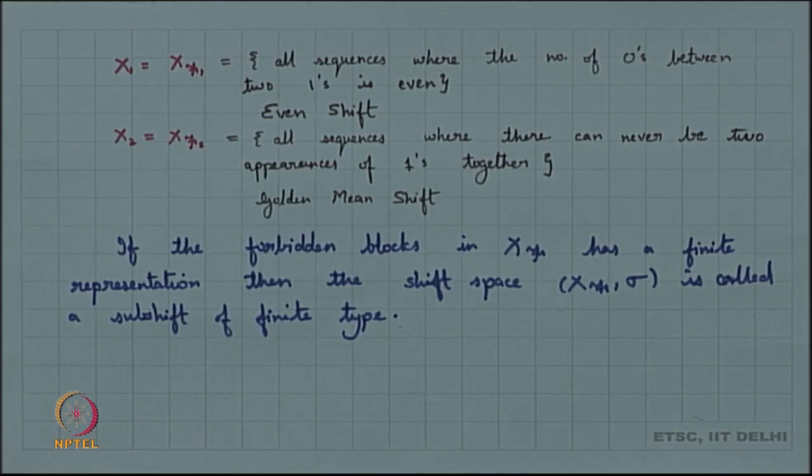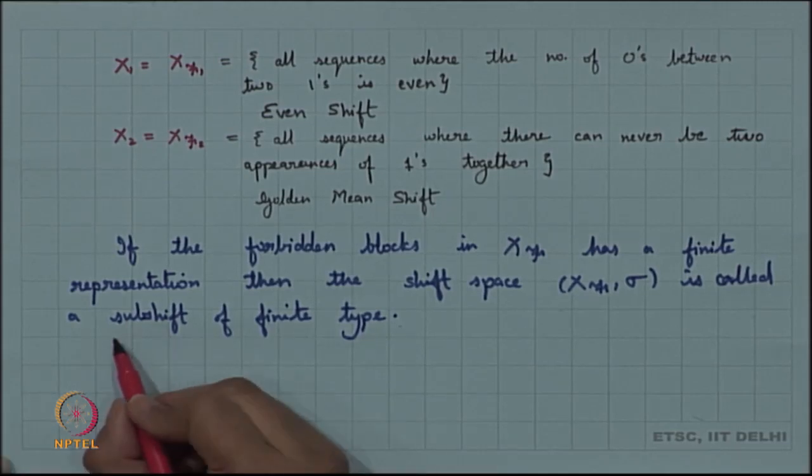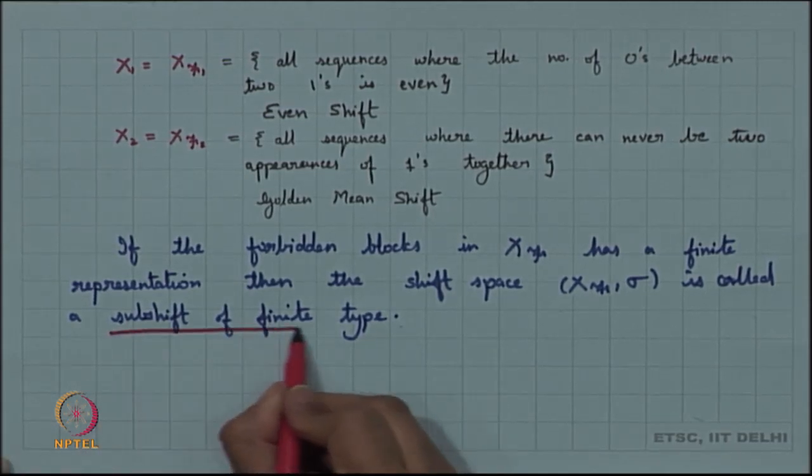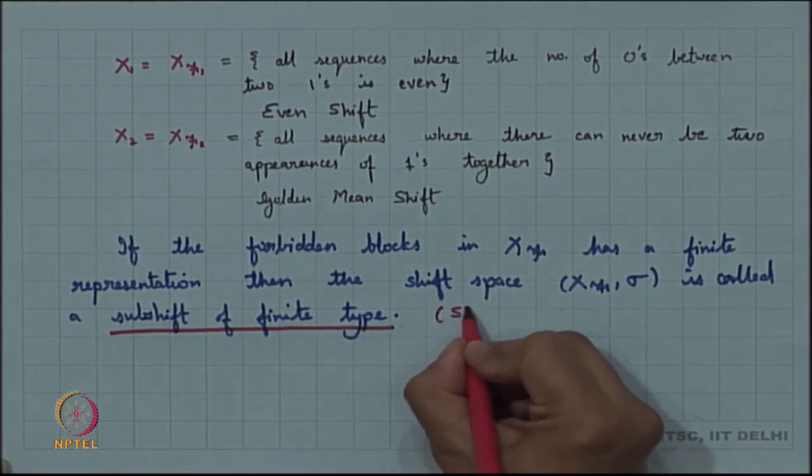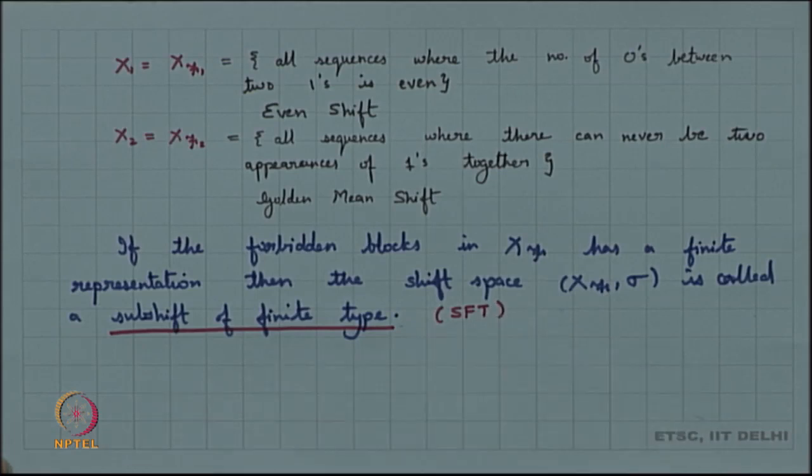So here we have a definition. This is called a subshift of finite type, and in short form we can write it as SFT. But all subshifts need not be subshifts of finite type. So what are those shifts?